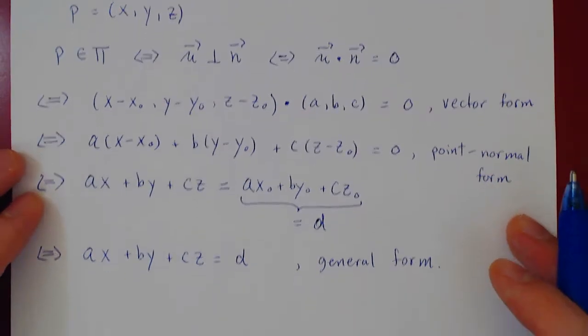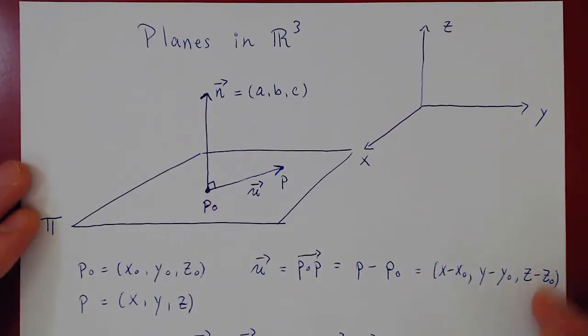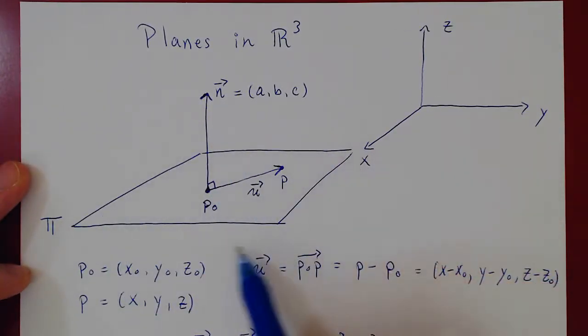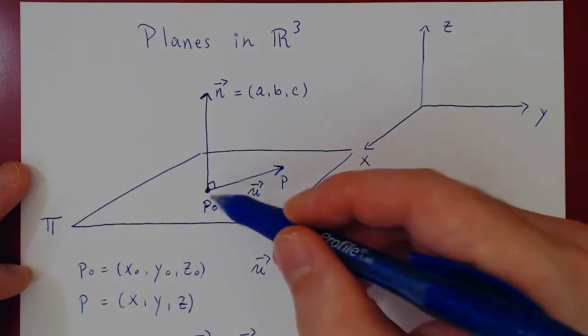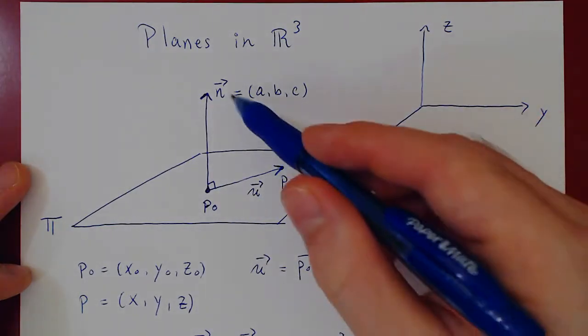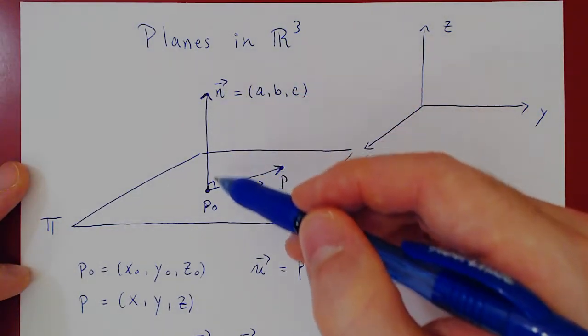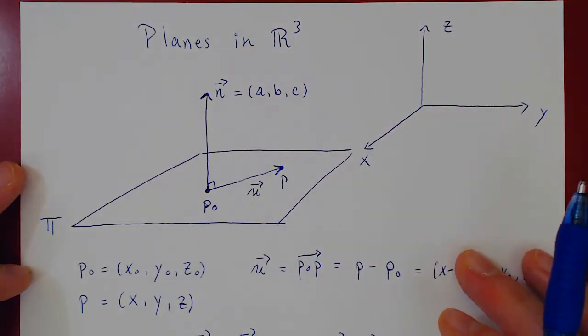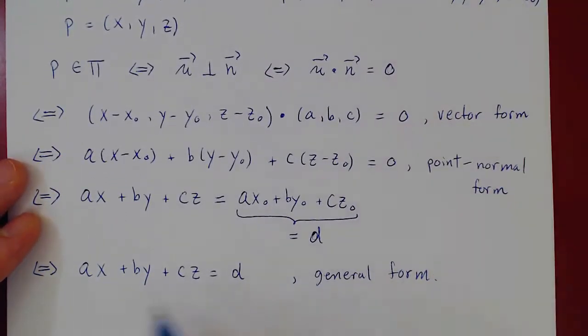And this is the form that we'll usually go with. So, let's summarize. To determine a plane uniquely in space, you need two things: a point on the plane and a vector that is perpendicular to your plane. And once you have those two, you can build the equation of the plane this way.